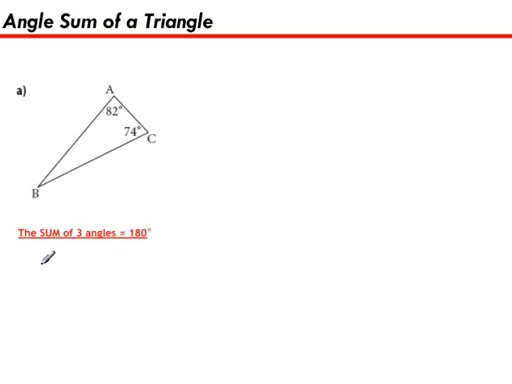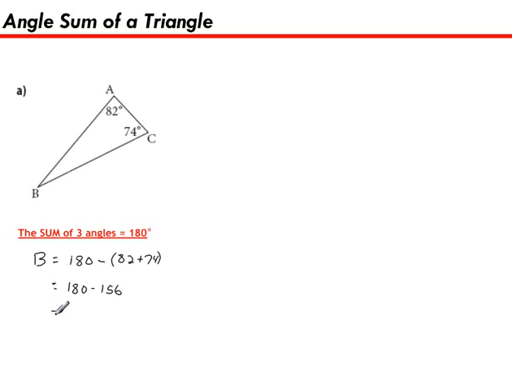So if that's true, I can show this with some math. I can say that angle B must be equal to 180 minus whatever the other 2 angles add up to. And I'll show that like this, 82 plus 74. And my next line, I'm just going to add those 2 numbers up. 180 minus 82 plus 74 is 156.